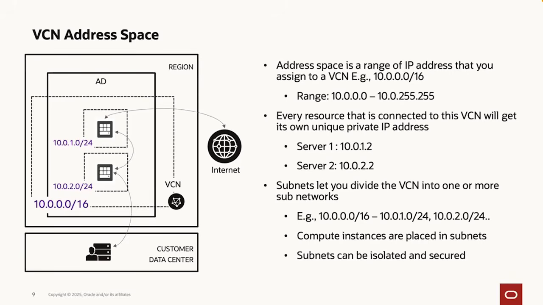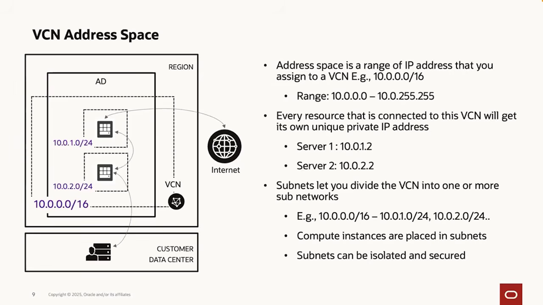So again, the range is from a /16 to a /30. And we do allow the CIDR block to be modified once you create the VCN. If you think you aren't going to need all of the addresses, say you gave it a /16 and you want to decrease the addresses to a /24, you can do that by increasing the suffix number after the slash, provided that you don't have any resources in the portion that you are reducing.